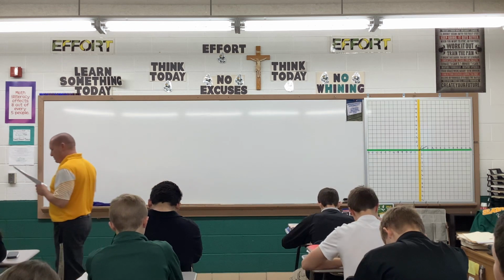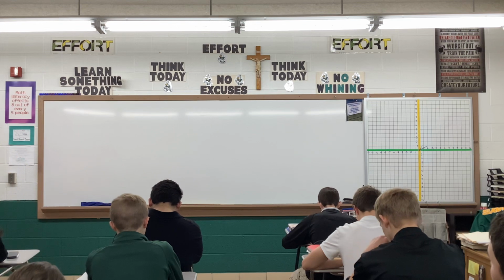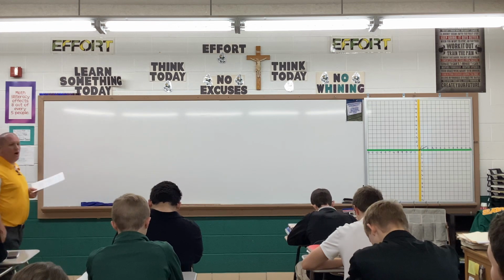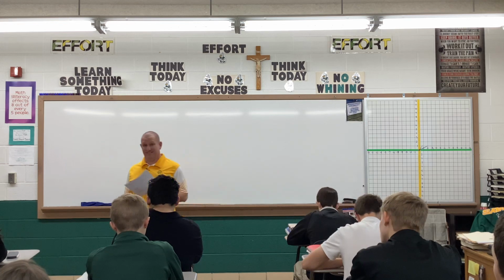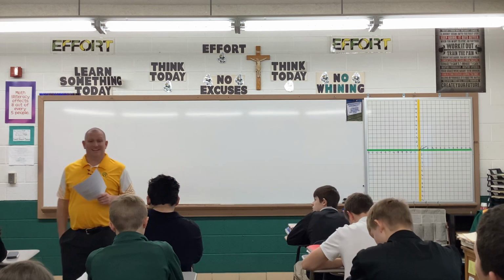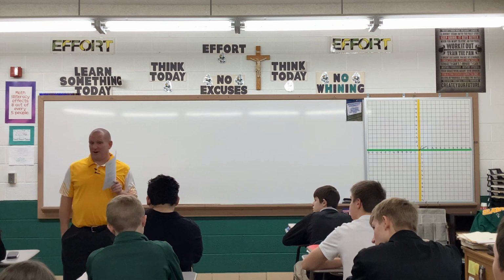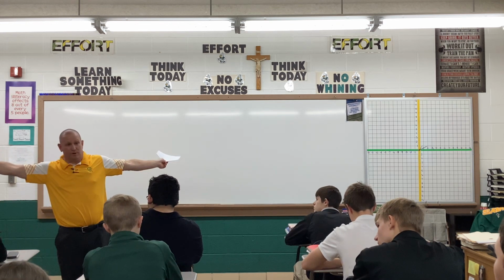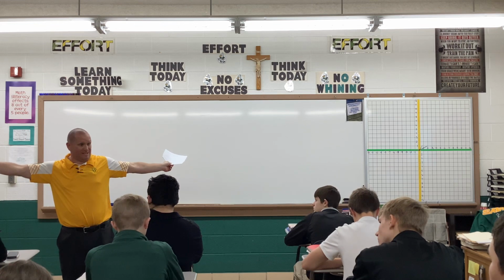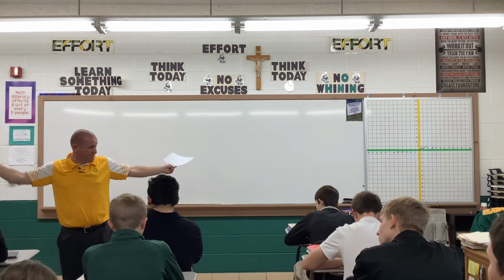Another name for angles that make up a linear pair is supplementary. Are all linear pairs supplementary, or are all supplementary angles linear pairs? All linear pairs are supplementary. The supplementary angles could be on that board and on that board. They add up to 180 degrees, but they definitely don't make a straight line.